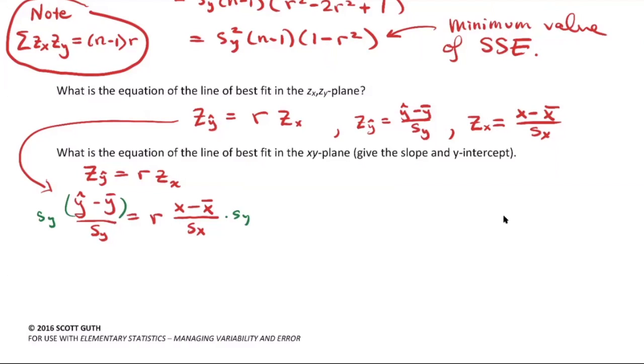So you end up with y hat minus y bar. I'm trying to solve for y. So y hat minus y bar is equal to, I'm going to put these constants together, we've multiplied by sy, so I'm going to put that with the r, so it's going to be r times sy over sx. That's going to be the slope of the line of best fit. And then times x minus x bar. Okay, so those are the same.